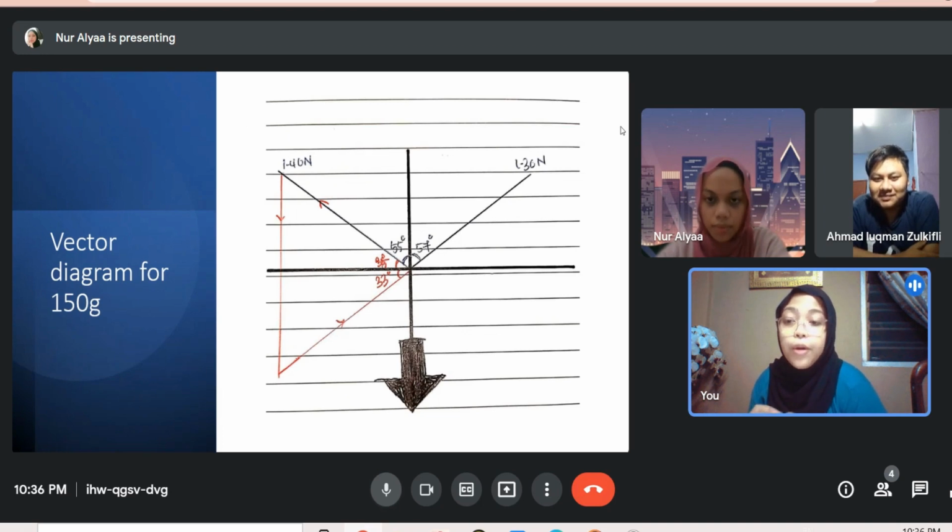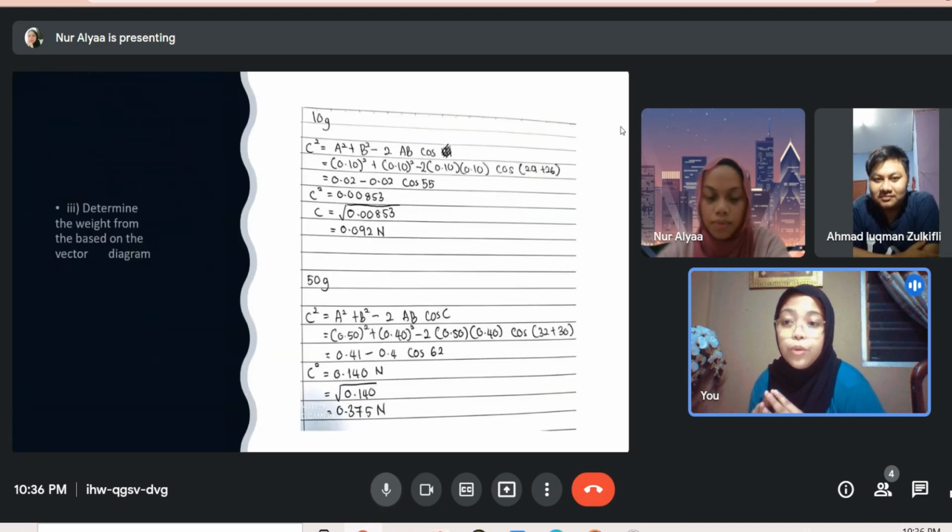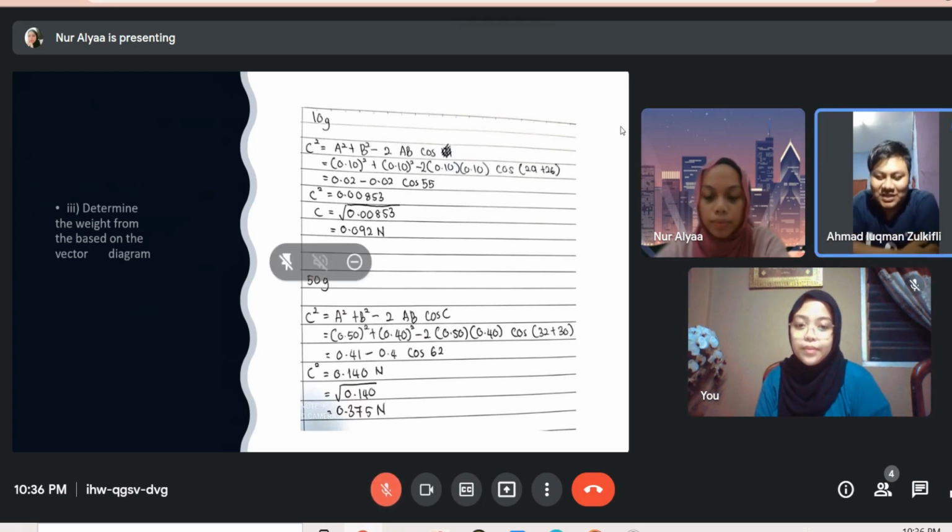Okay, I'm going to pass to Luqman to explain to you how to determine the weight based on the vector diagram. Luqman? Okay, thank you, Najmina.